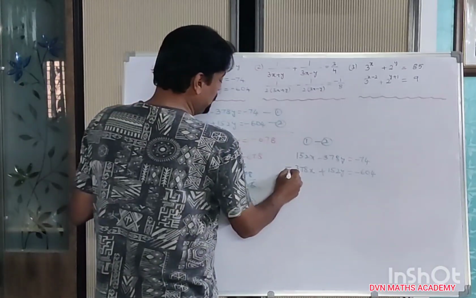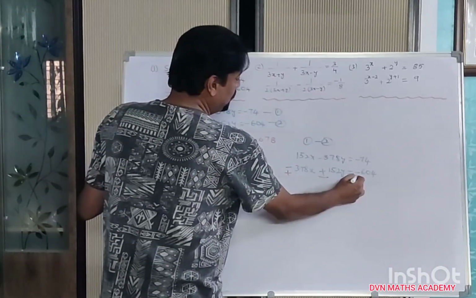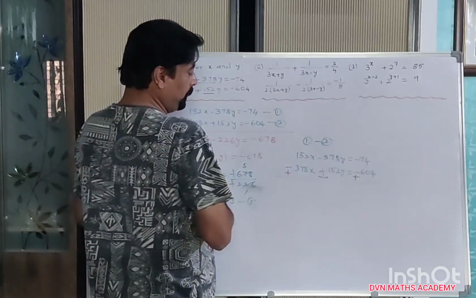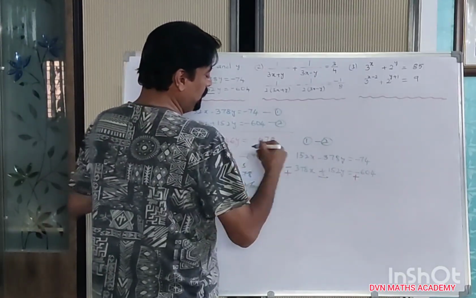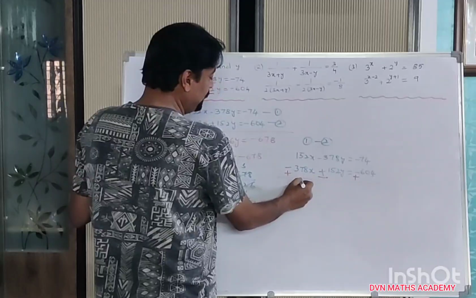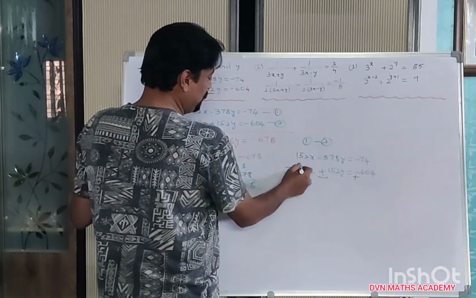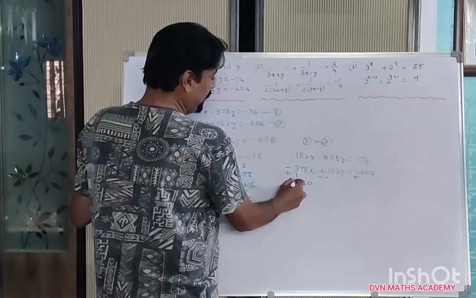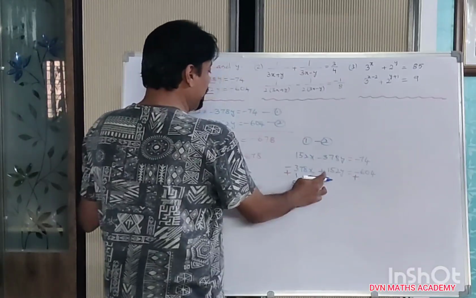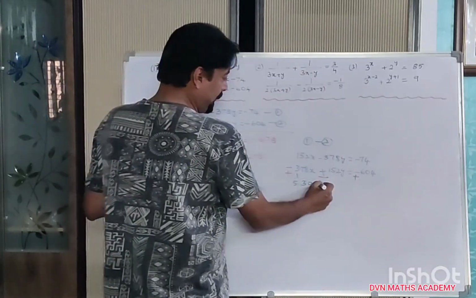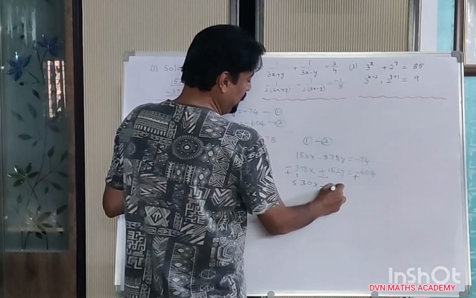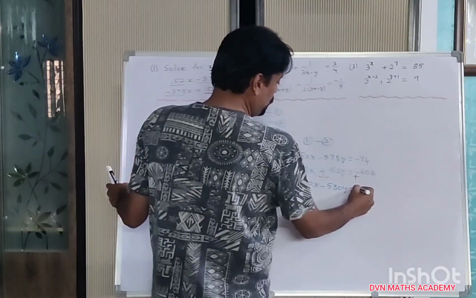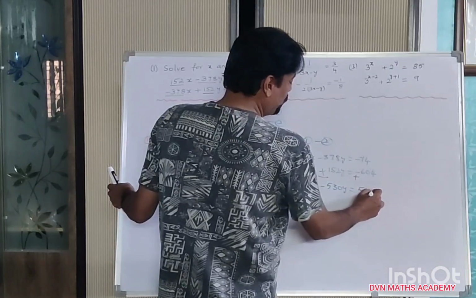This becomes plus, this becomes minus, and this becomes plus. If you add these, you get 530x, and again the same, 530y is equal to, if you subtract these two, 530.